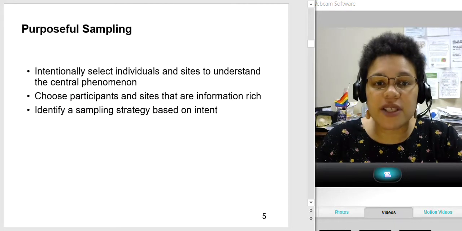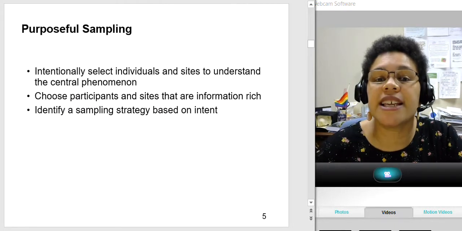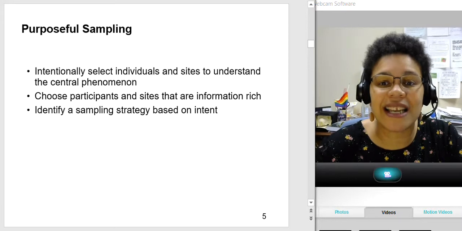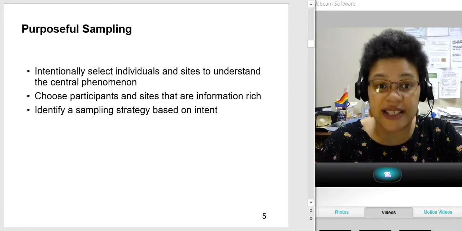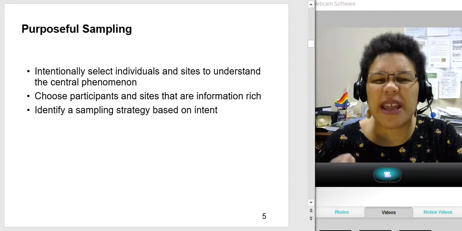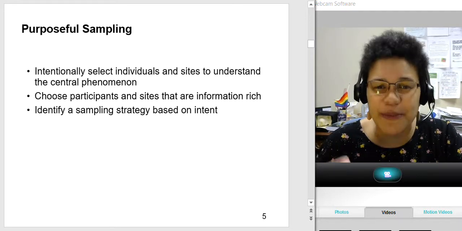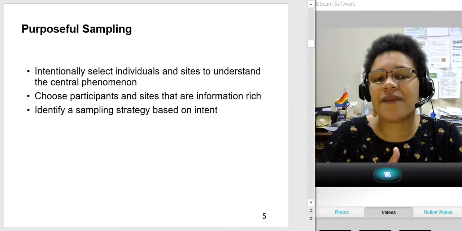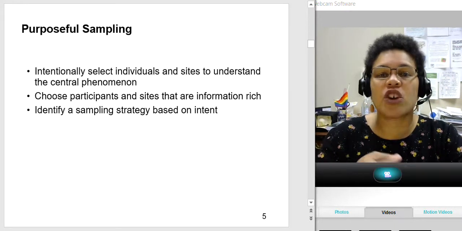So, purposeful sampling, a definition is that we're intentionally selecting individuals and sites to understand a central phenomenon. We're choosing participants and sites that are information rich. Okay, information rich. And we're identifying a sampling strategy based on our intent.